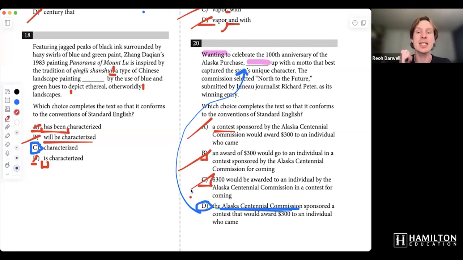It's only the Alaska Centennial Commission which is capable of wanting to celebrate the 100th anniversary. So remember, with these questions, we are not being asked what sounds the best, which is usually the trap I think students fall into when they miss questions like this. Rather, we're looking for which puts the right subject close enough to the action that it's performing in the modifier. So that's how we get to D.